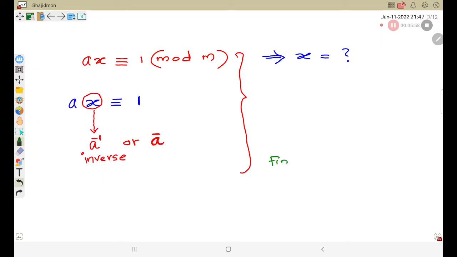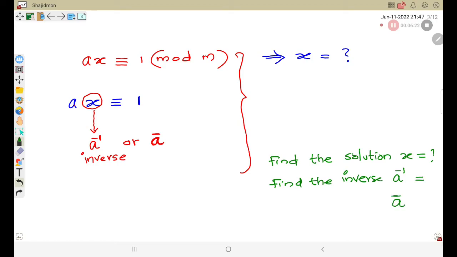A question like this may say, find the solution x. The x value we need to calculate, or sometimes it asks to find the inverse of the number A, find A inverse, or A bar, A dash, like this symbol.